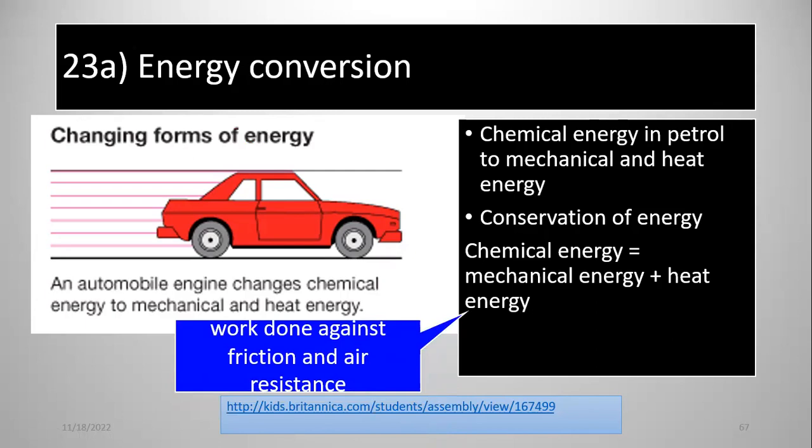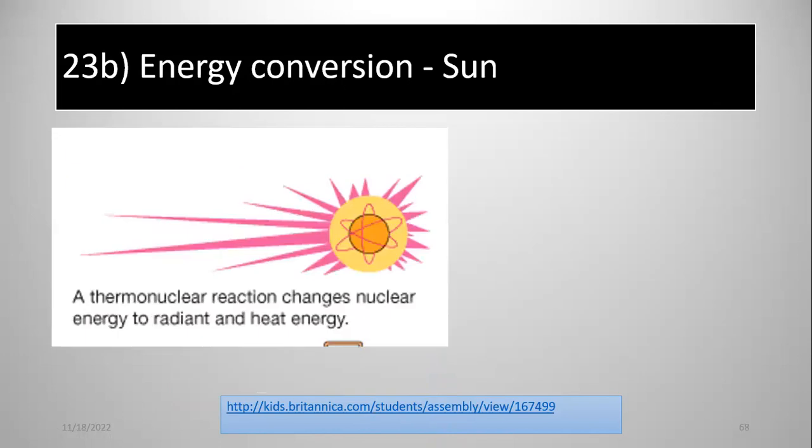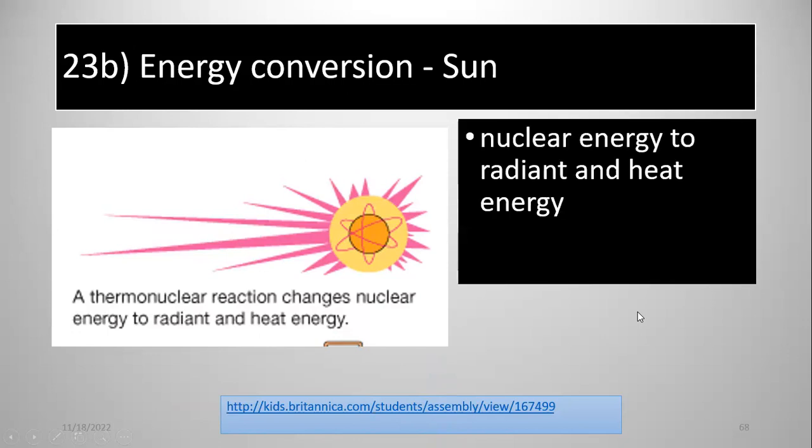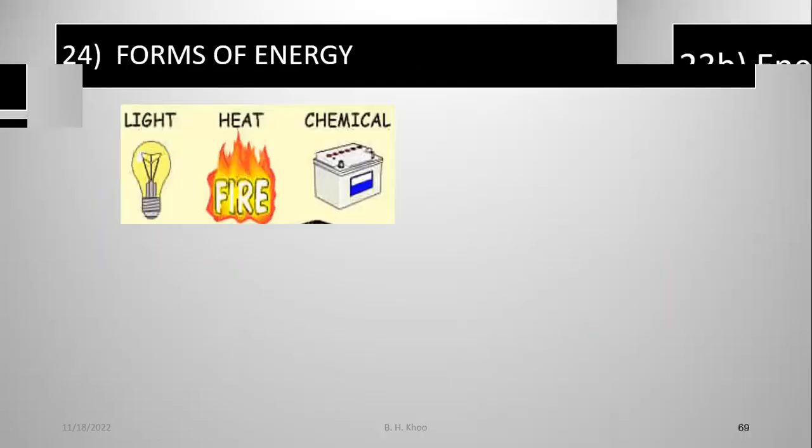Heat energy is usually the work done against friction and air resistance. And energy conversion from the sun. The sun has a thermonuclear reaction in the nucleus. The nuclear energy is converted to radiant and heat energy.